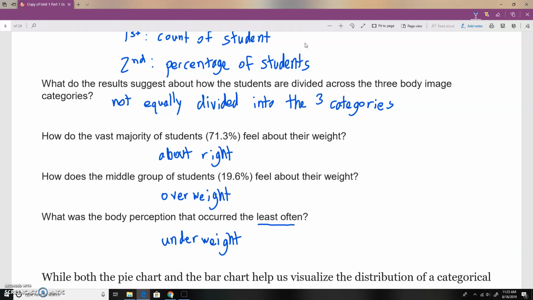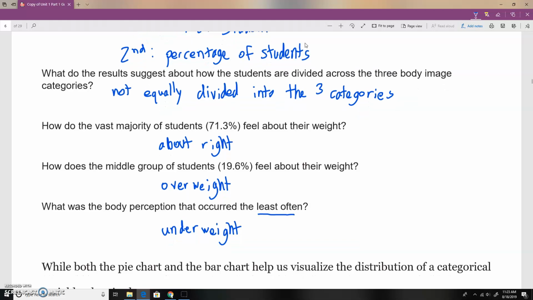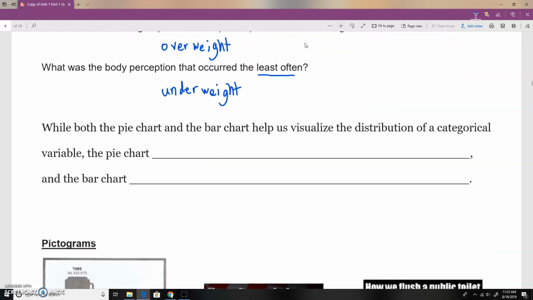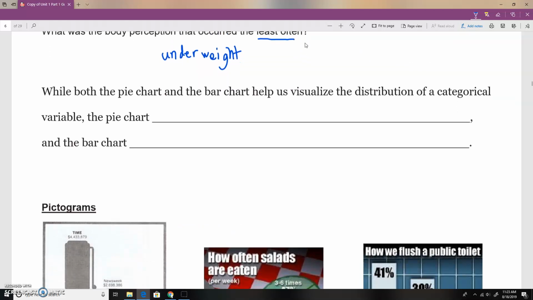All right. Now, while both the pie chart and the bar chart can help us visualize the distribution of a categorical variable, the pie chart shows us the relationship to the whole. So what percentage out of the whole? It shows it a lot clearer than the bar chart does.